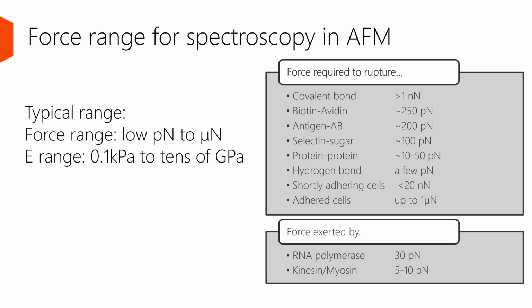For antigen-antibody interaction, it takes 200 piconewton to rupture it. So what we can see in here is that the force resolution of spectroscopy in AFM can cover these ranges. It allows us to study the interaction in single molecular level.